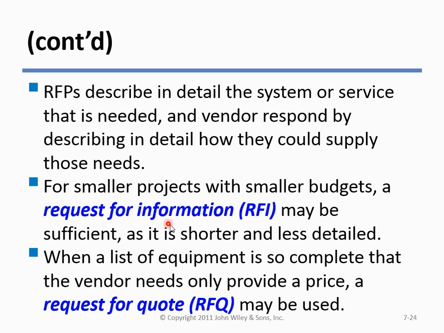RFI: just tell me, firm, how you think you might be able to meet these general needs for development and web resourcing. So we're not so much asking for a proposal from them. We're just saying, here are our credentials, here's why you might hire us. And maybe if it's a very specific thing, it's a quote. We need this and the other. Tell us how much you're going to do it. You don't even need to propose it.